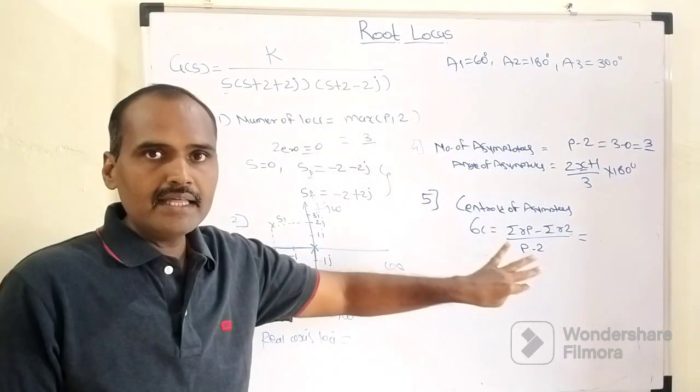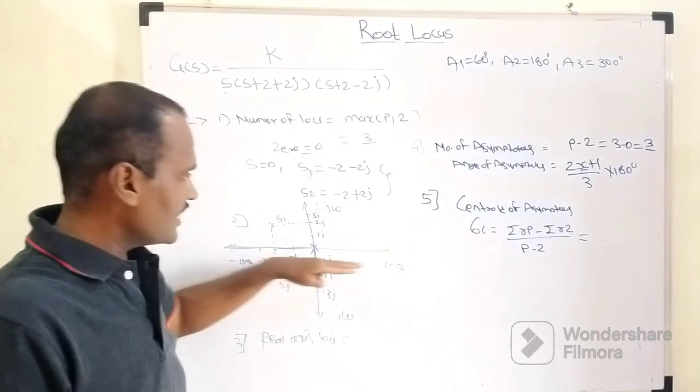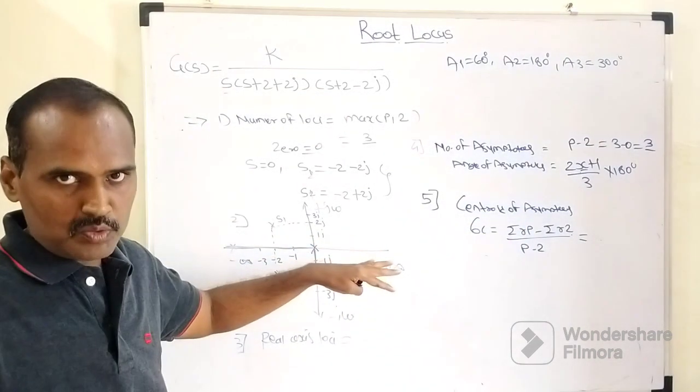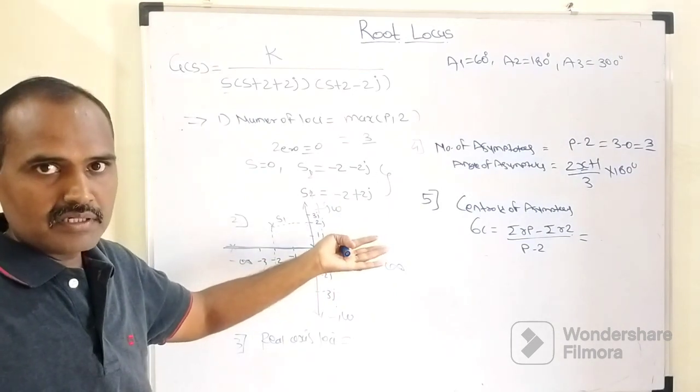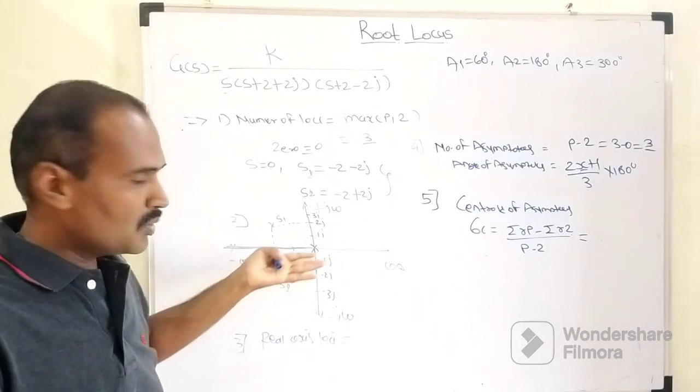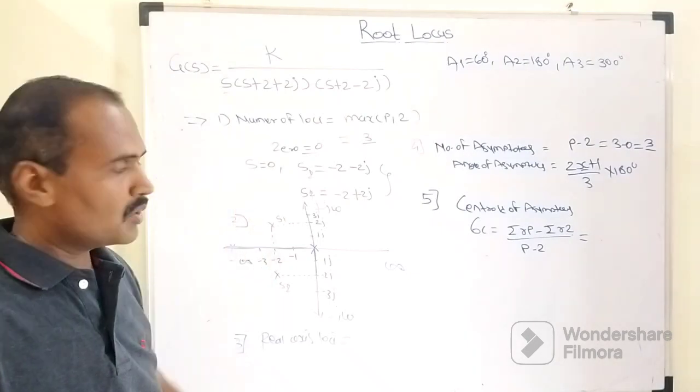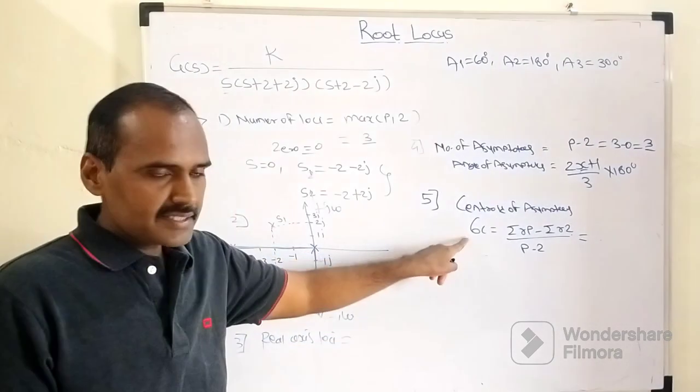So the centroid is basically the intersection point on the real axis of each and every locus, denoted by this sigma c.